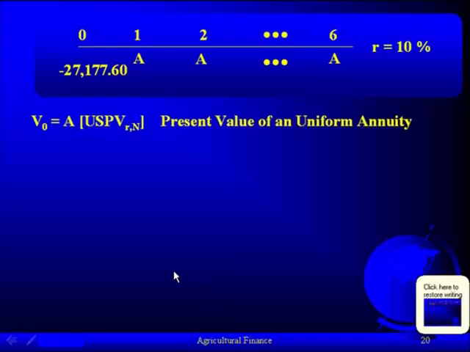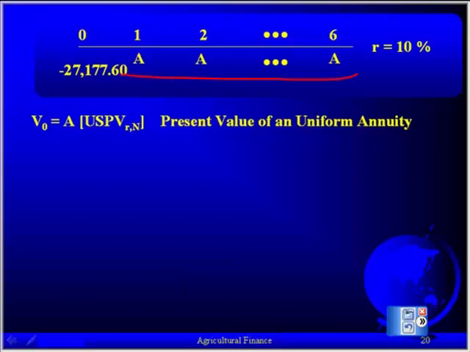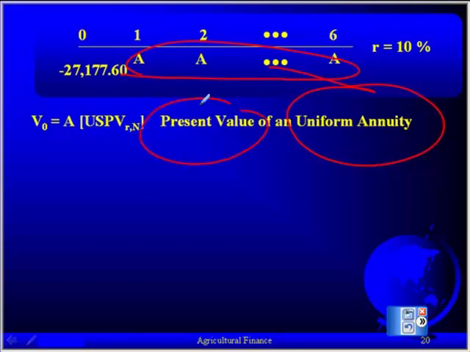We can see in this particular case which formula to use, again, because we can see that it's a uniform annuity. So we know we're going to use the uniform annuity factor. We're going to use the present value because a present value is given. So those are the keys that say that we're going to use the present value of the uniform annuity as opposed to the future value.